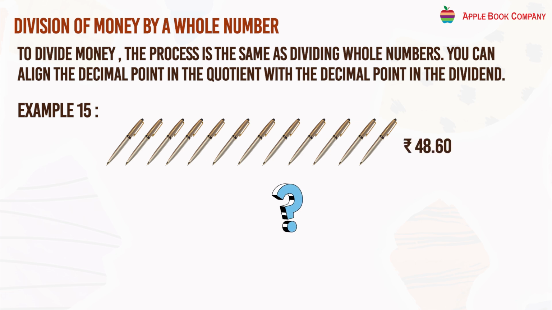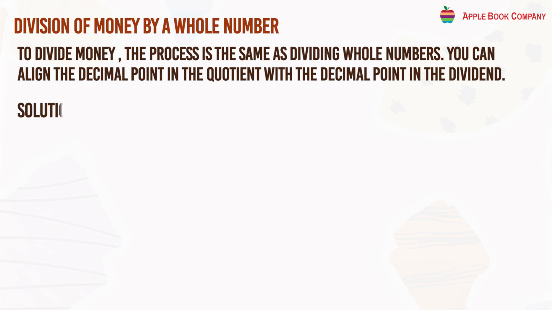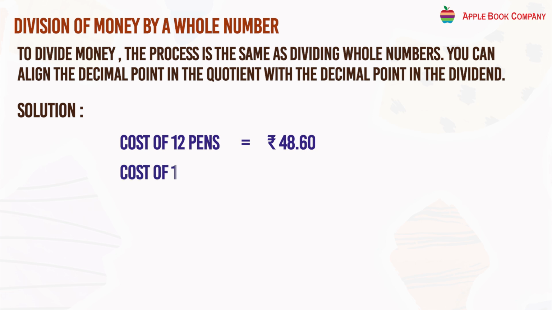What is the cost of 1 pen? Solution: cost of 12 pens equals rupees 48.60. Therefore, cost of 1 pen equals rupees 48.60 divided by 12 equals rupees 4.05.